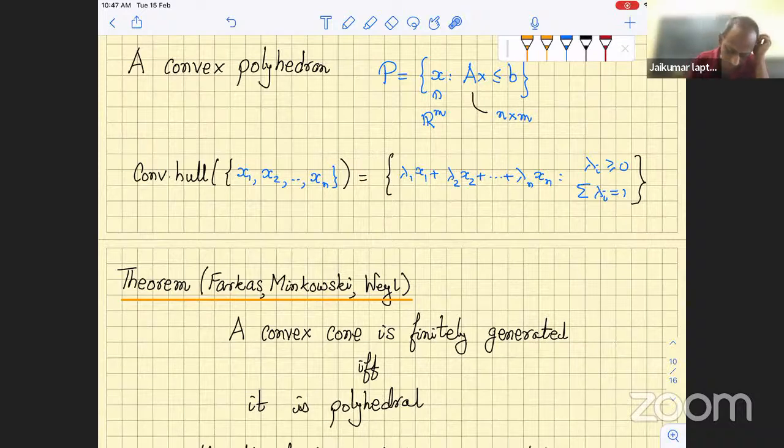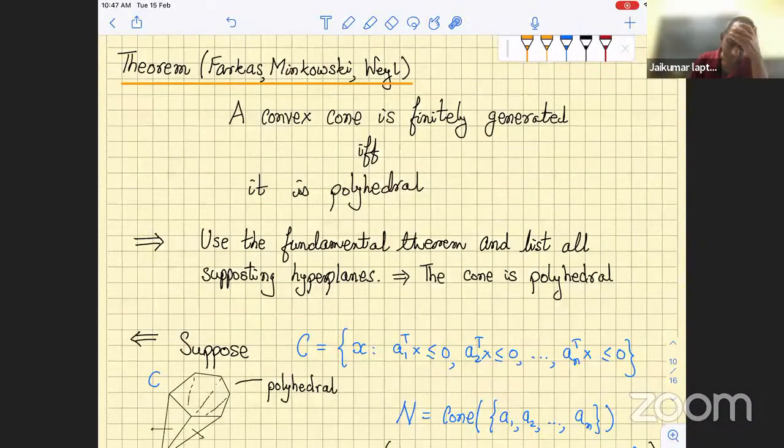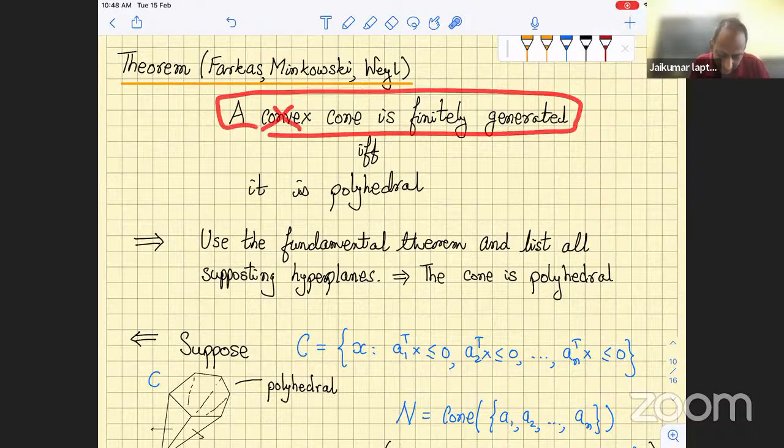So, what is the theorem? Leave the polytopes aside. A convex cone is finitely generated if and only if it is polyhedral.